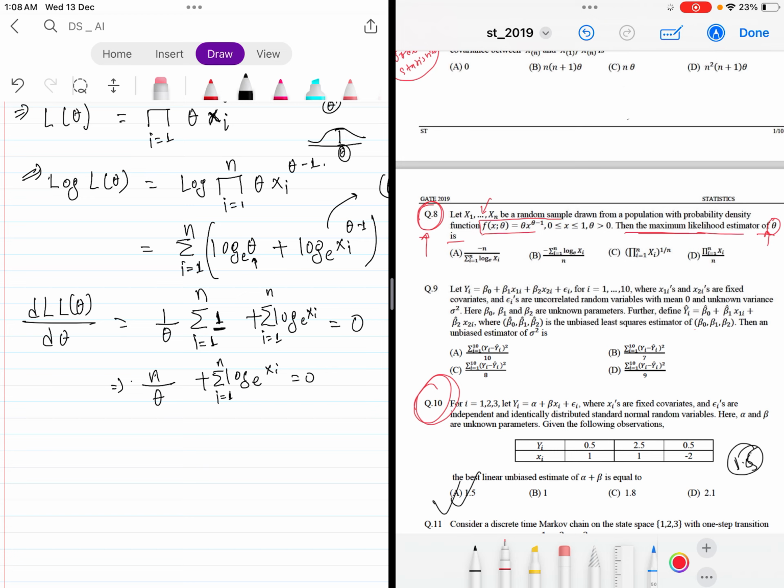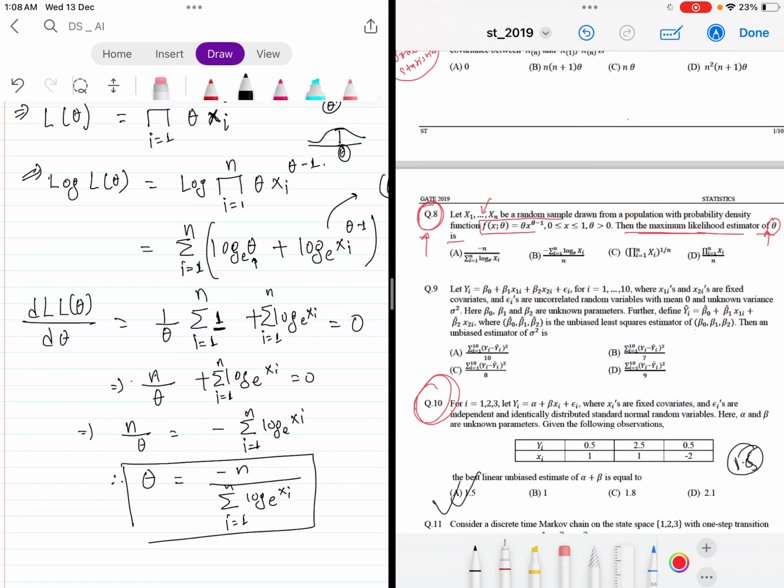From here we find theta: n by theta equals minus the sum from 1 to n of log x_i, so theta will be minus n divided by the summation from I equals 1 to n of log x_i.